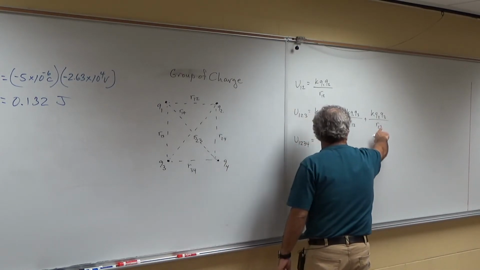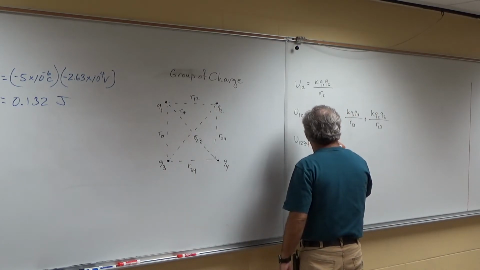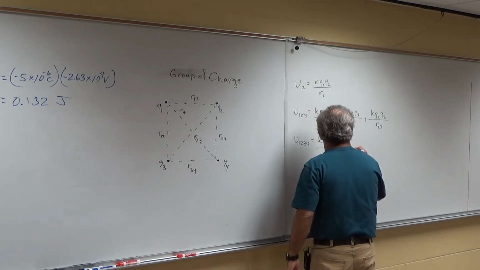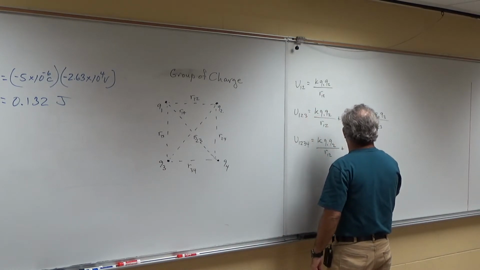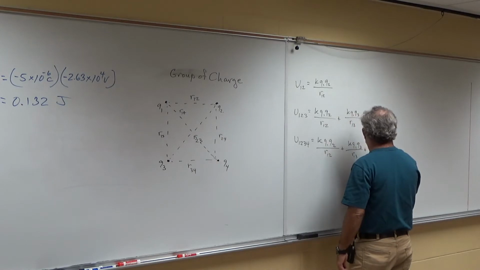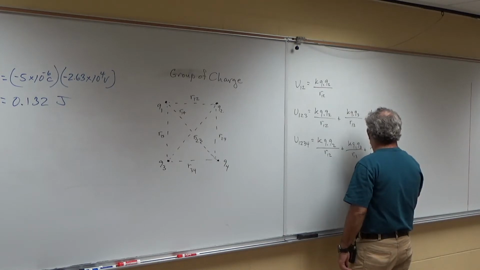Well, I've got this. That's still stored in the system. I'm going to write it all out. K Q1 Q2 over R12 plus K Q1 Q3 over R13 plus K Q2 Q3 over R23.